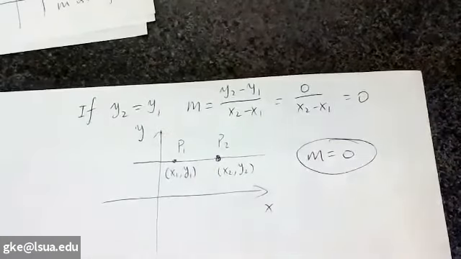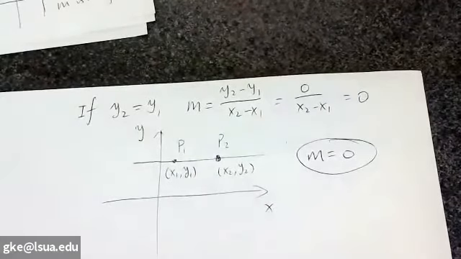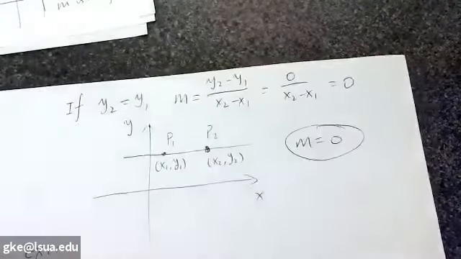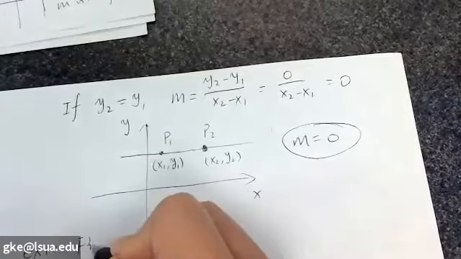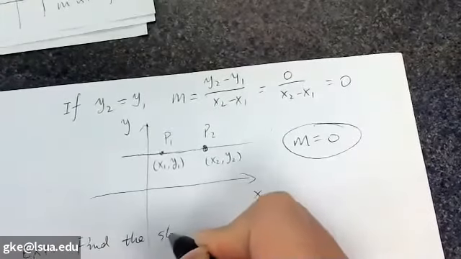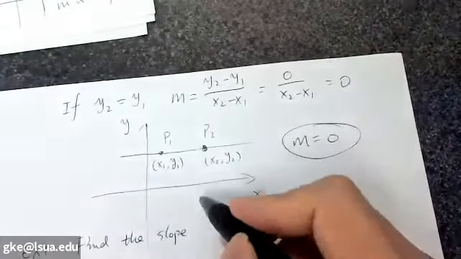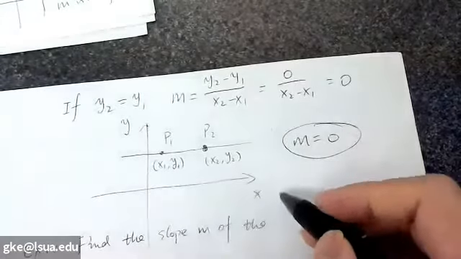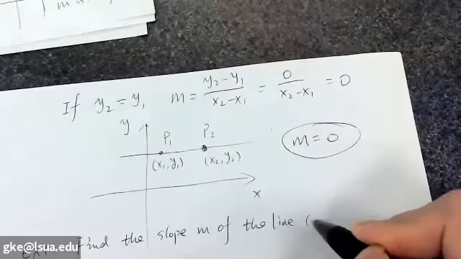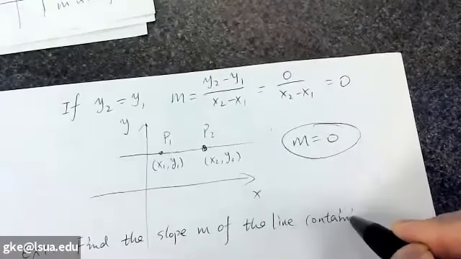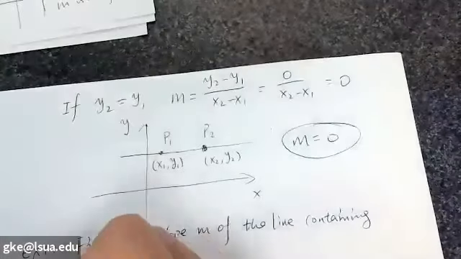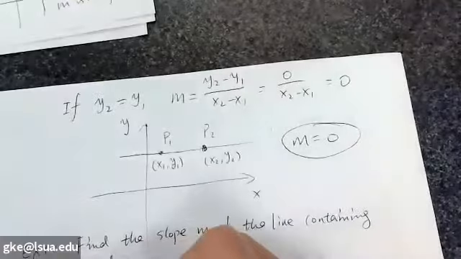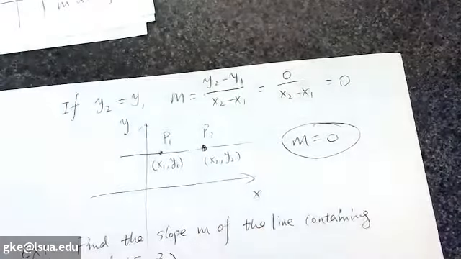Now I want to give you an example. Find the slope m of the line containing (1, 2) and (5, -3).